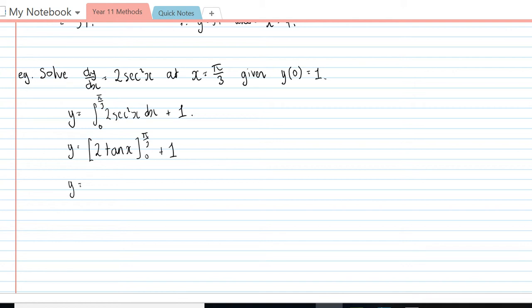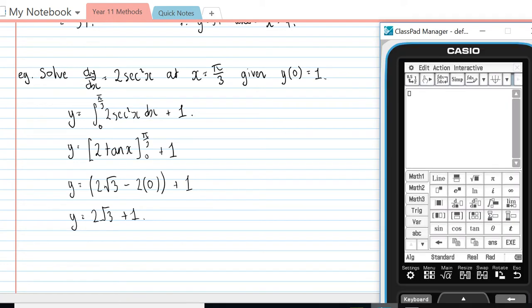Subbing in our values, we have 2 tan of pi on 3, which is just 2 root 3, minus, and then subbing in our 0, we have 2 times 0, and we've still got a plus 1. So our final answer is just 2 root 3 plus 1. Again, this could be confirmed using the calculator fairly easily.